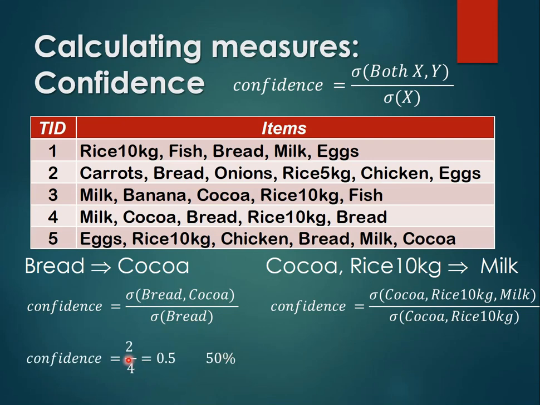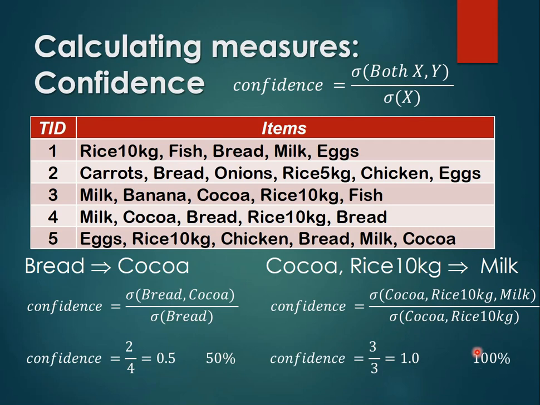So there are 4 transactions that contain bread, and 2 divided by 4 is 0.5 or 50%. For the second rule, we have 3 as the support count for cocoa and rice 10 kg. So 3 divided by 3 is 1.0 or 100%.